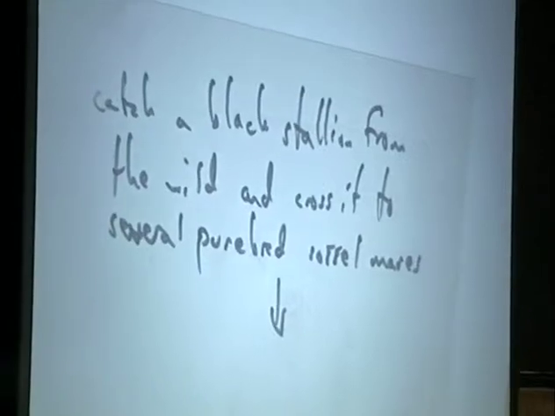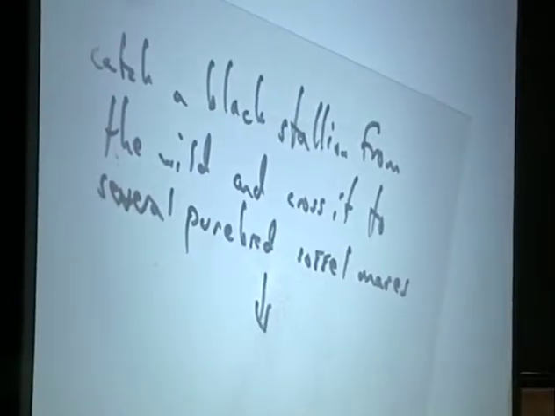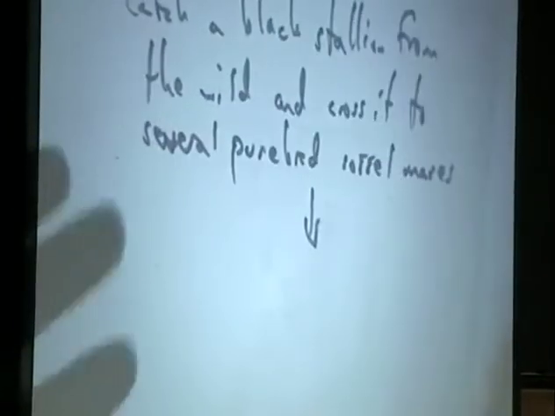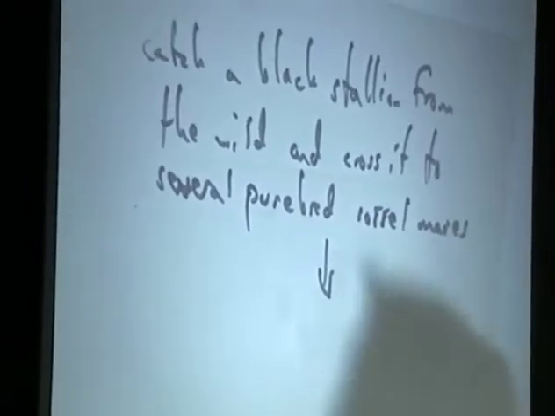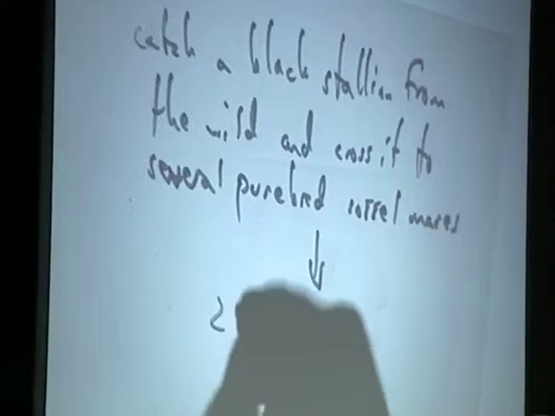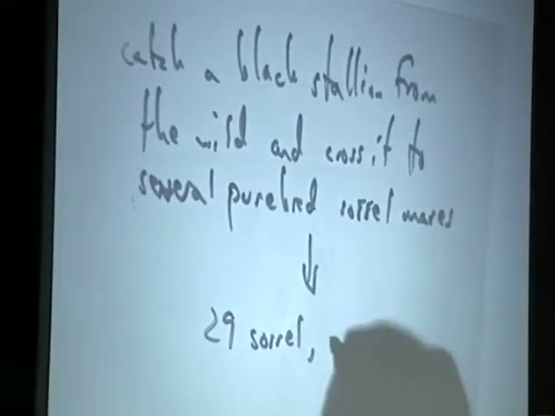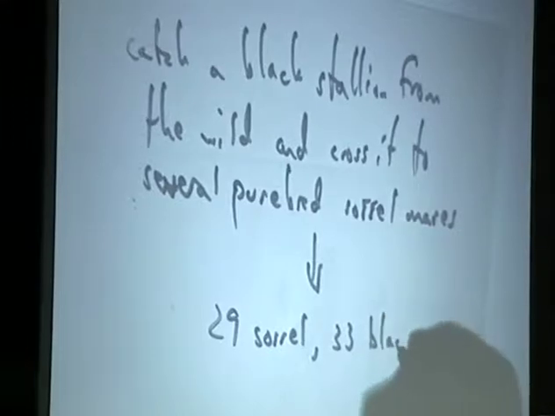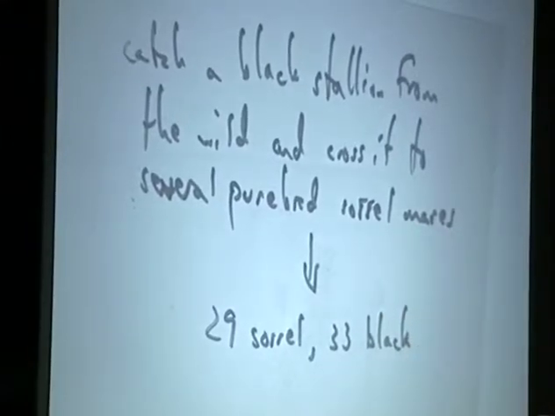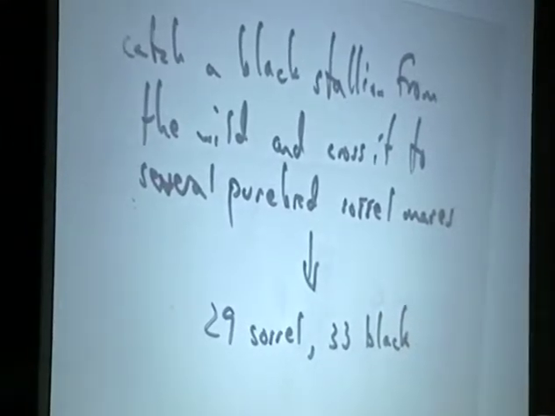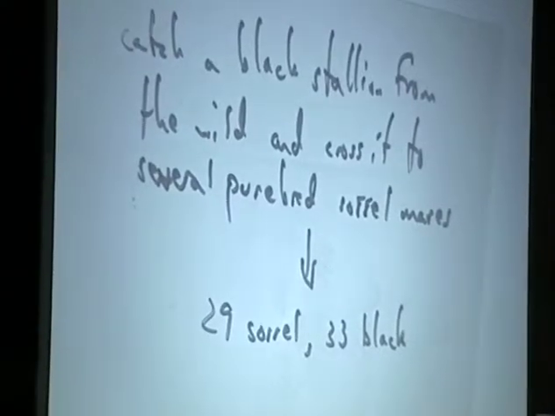Sorrel is sort of a red color, isn't it? Yeah. All right, so we catch a black stallion from the wild, cross it to several purebred sorrel mares, and out of those crosses we produce 29 sorrel and 33 black foals, offspring. 29 sorrel, 33 black offspring.